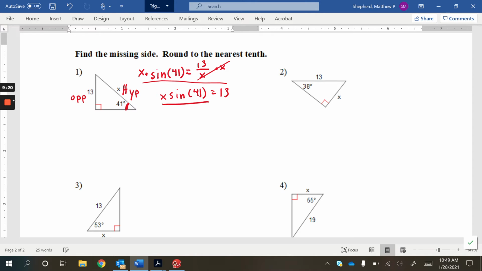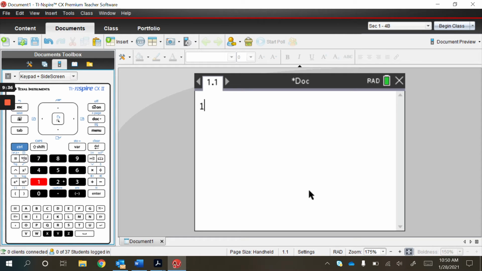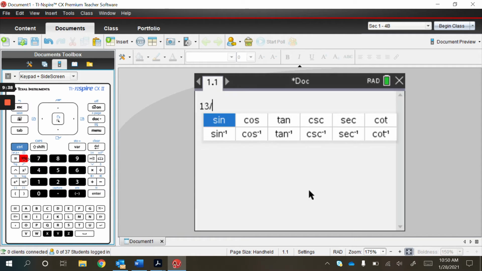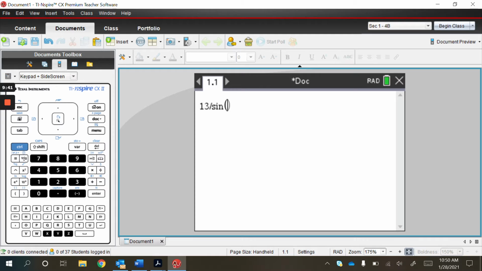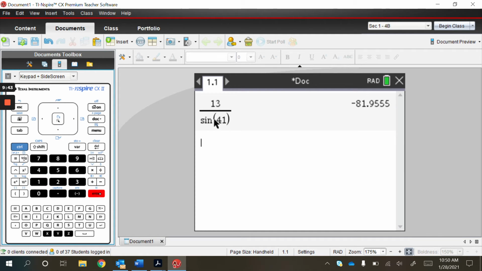Now I can divide by the sine of 41 on both sides. So x equals 13 divided by sine 41, which is approximately 82.